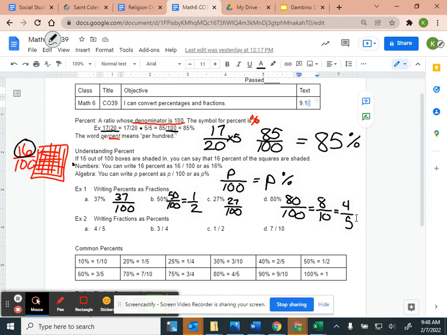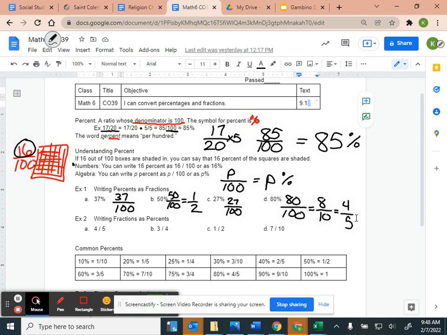Now the flip side, writing fractions as a percent. We want to write those fractions into a percentage. What do I have to do to my denominators? What is our magic denominator for percentages, Josie? I want to put 100 as my denominator. Whatever I multiply my denominator by, I have to multiply my numerator by it.